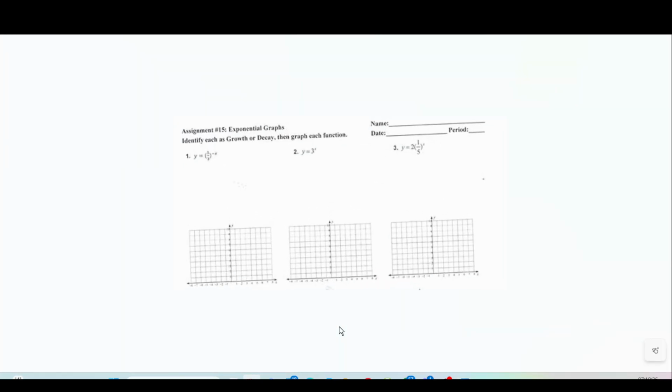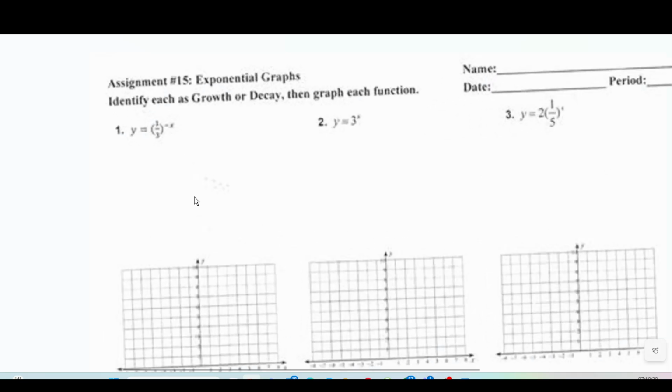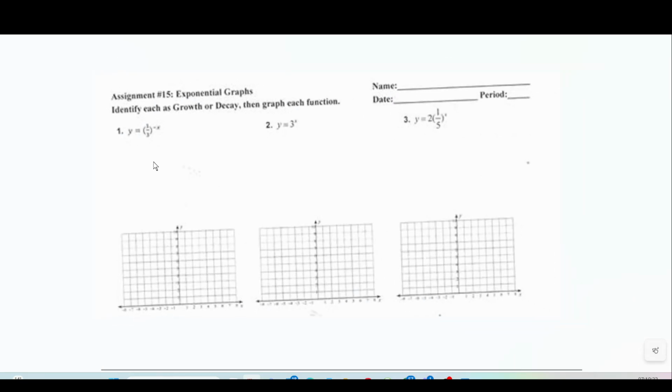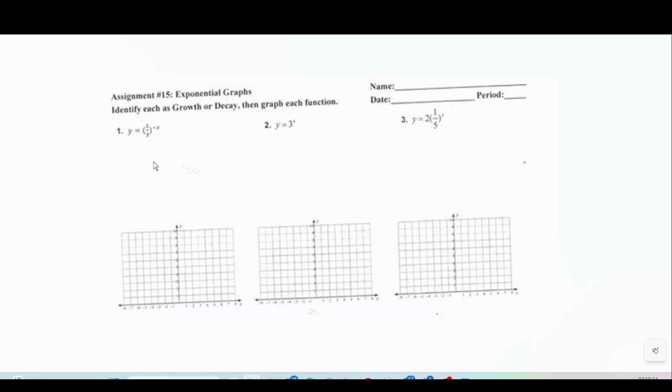So the first one is 1/3 to the power negative x, right? Is it negative x? Okay, so we write x and y values, or we can write it as 3 to the power x.